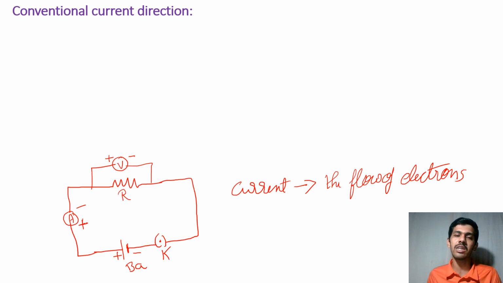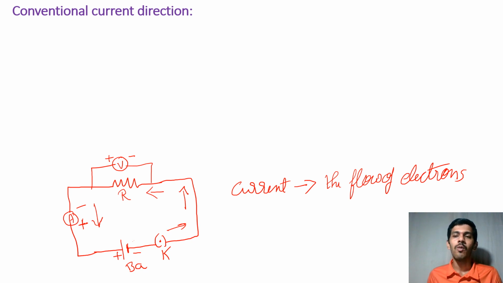Similarly here the electrons are more towards the negative of the battery and less towards the positive. So the electrons move from the negative side to the positive side. Actually the direction of movement of electrons is this way, as I have indicated by the arrow marks. Like this the electrons flow in the circuit.